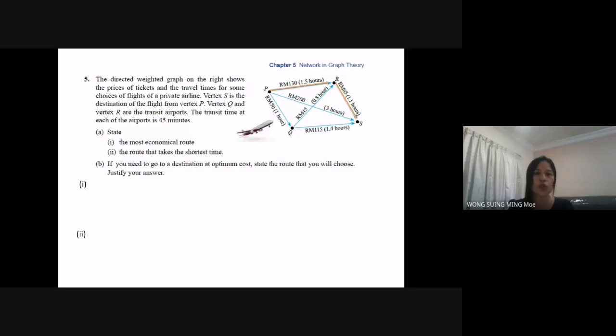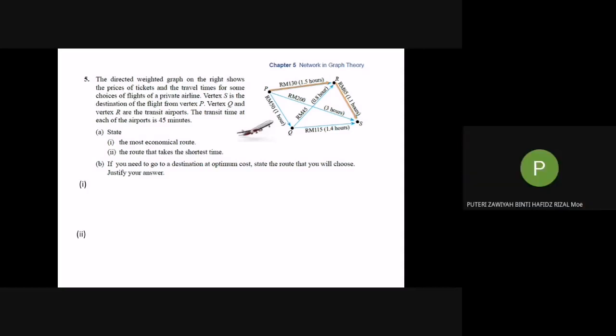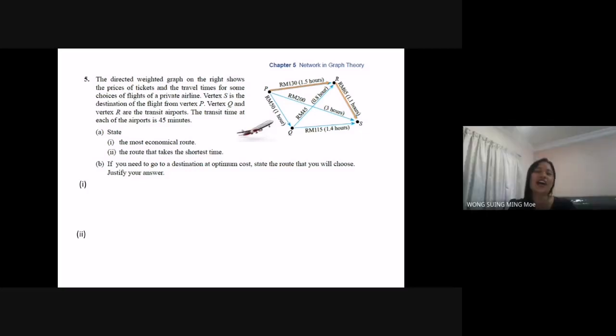First one, look at the orange color line. Can you see the orange color line or not? Yes, teacher. Okay, very good.